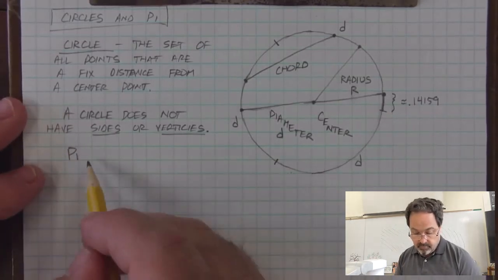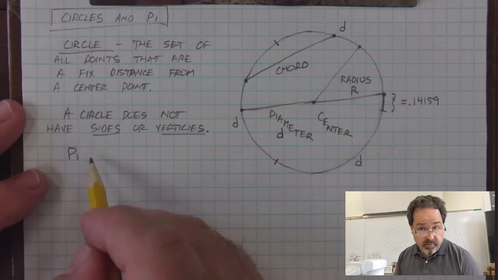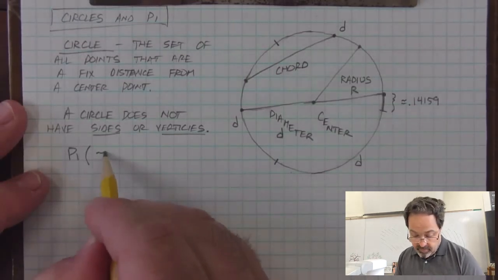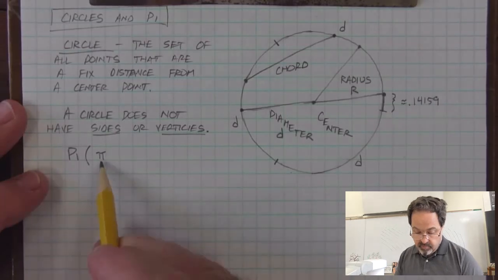Pi is the way that we spell the Greek letter, and the way that we write the Greek letter is with this symbol that looks like a tilde with legs.